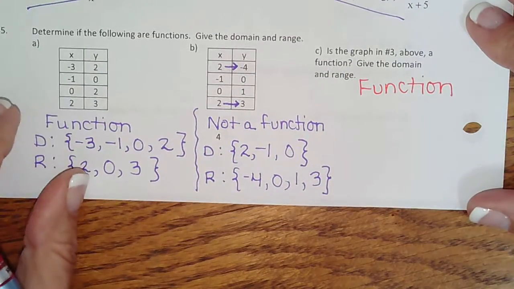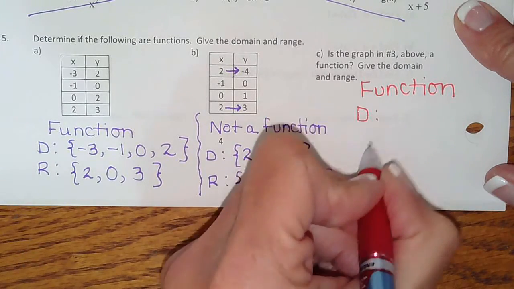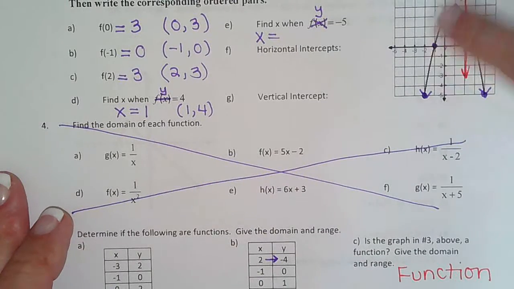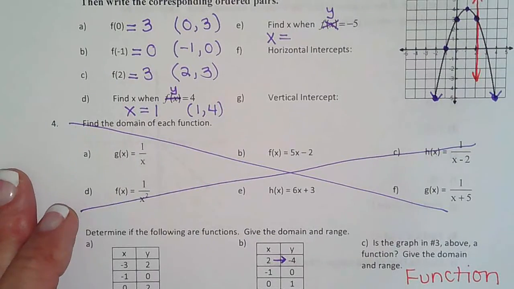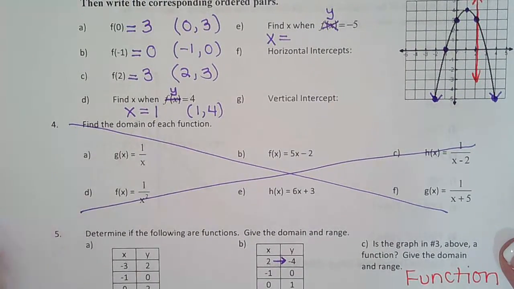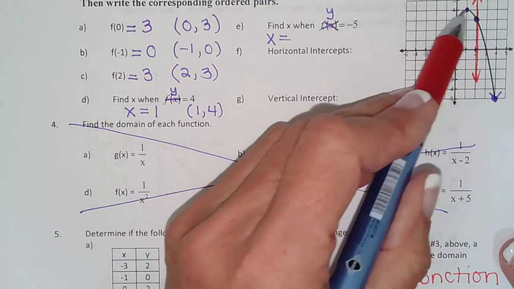Then it says give the domain and range. So now on this one, I can't list the points. There's way too many points. Those arrows, there's an infinite number of points on this. So whenever I have a graph, remember what we learned earlier, I have to use interval notation. So X, left to right, is my domain.